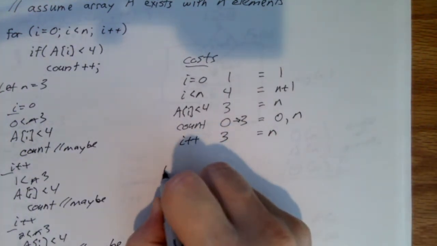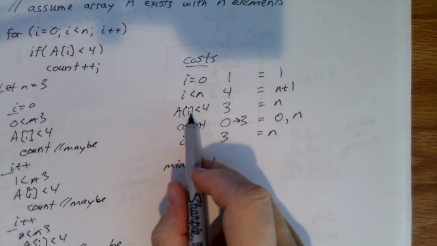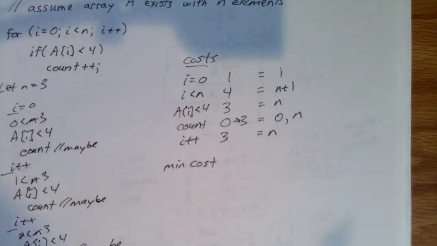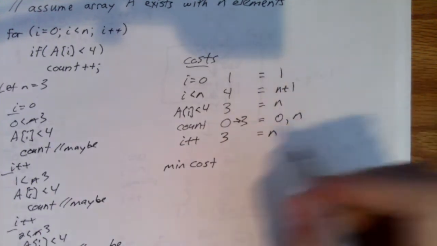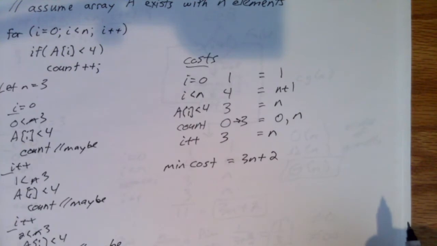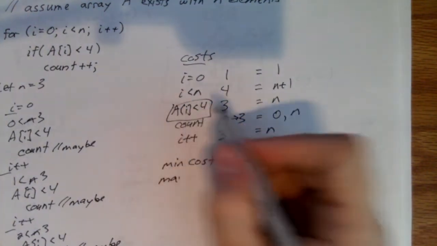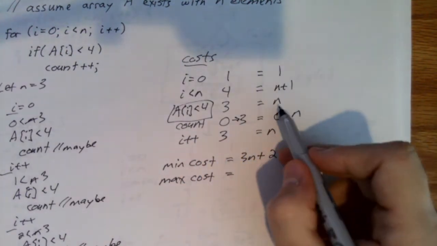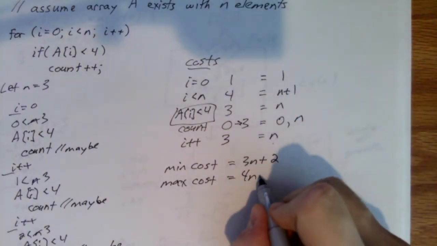So if we look at the min cost, which is when A sub i less than 4 is always false, so we never update the count, what we'd have was 1 n, 2 n's, 3 n's, plus 2, just like we did before. And the max cost would be that this statement right here was always true. What's that? 4 n plus 2.